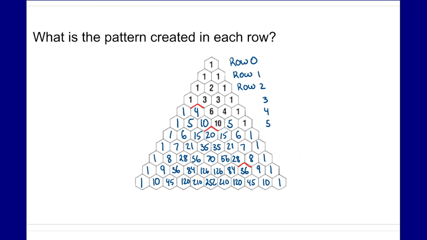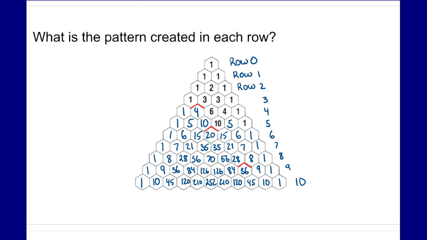Do we see any patterns? Well, you might see a couple. You might see that we're repeating numbers. So we see 1, 2, 1, 1, 3, 3, 1, 1, 4, 6, 4, 1. So we're seeing a repetition as we go through each row.